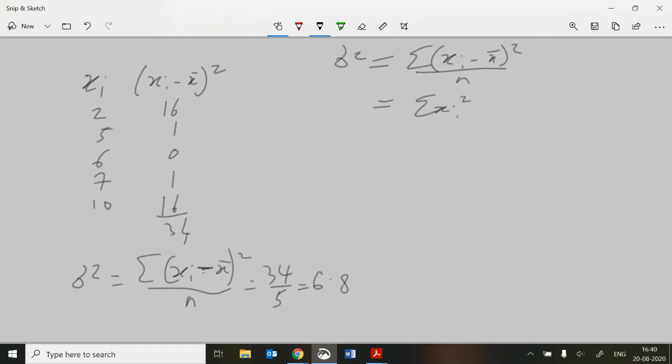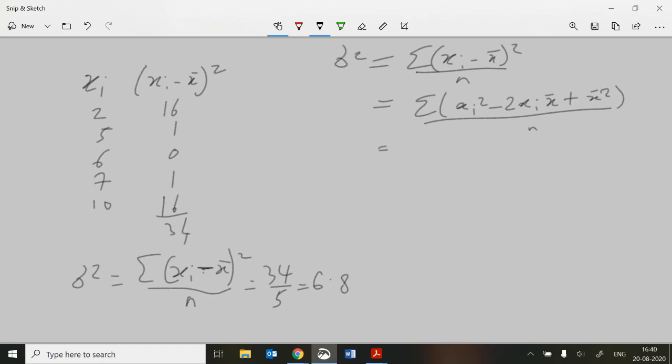So I'm essentially saying, well, let's actually use another line here. Let's say xi squared minus 2 lots of xi x bar, and then add x bar squared. Yeah, that's fine. And then divide by n.